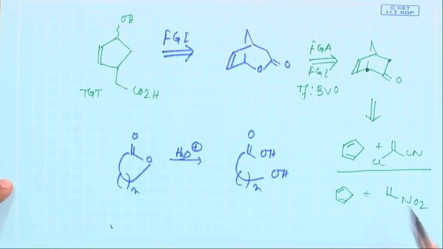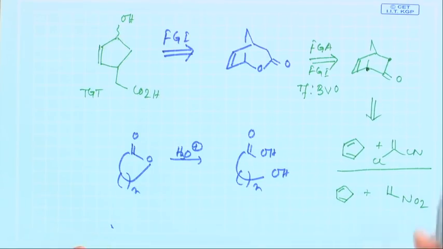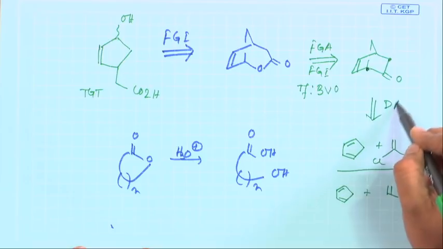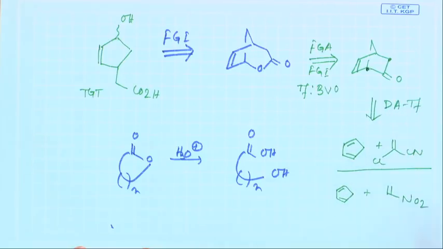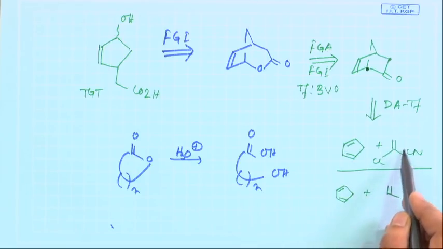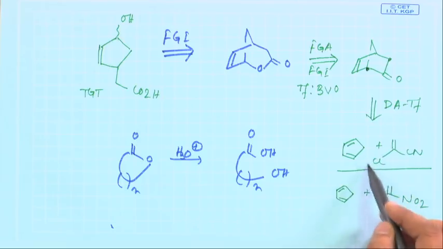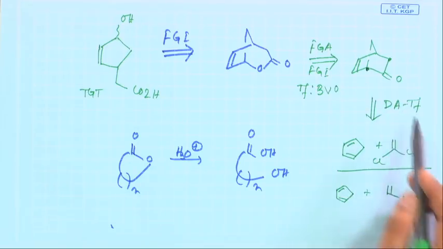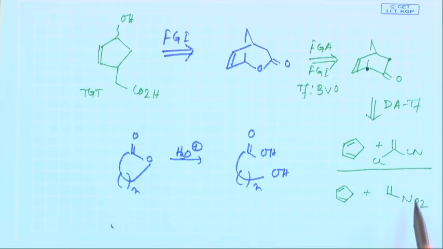So, this is a Diels-Alder transformation. To access this molecule you need first cyclopentadiene as a diene, and take either this chloroacrylonitrile or this vinyl nitro compound for Diels-Alder. After Diels-Alder you have to remove either the Cl and CN or the nitro by Nef reaction or another reaction.